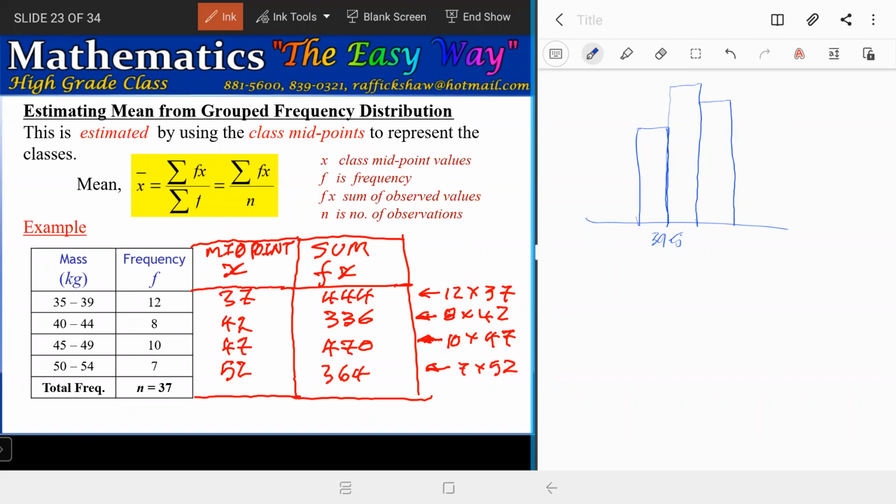So far, so good? Yes, sir. So if we add up all of these now, that would represent the total mass of all the balls. You understand? Yes, sir.